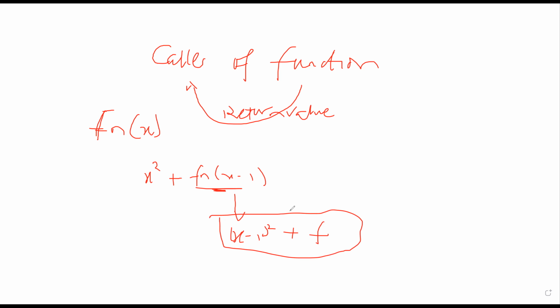Whatever is returned, we return back to this caller. Then whatever calculation is done here is returned to the first caller. The caller of a function gets the return value.